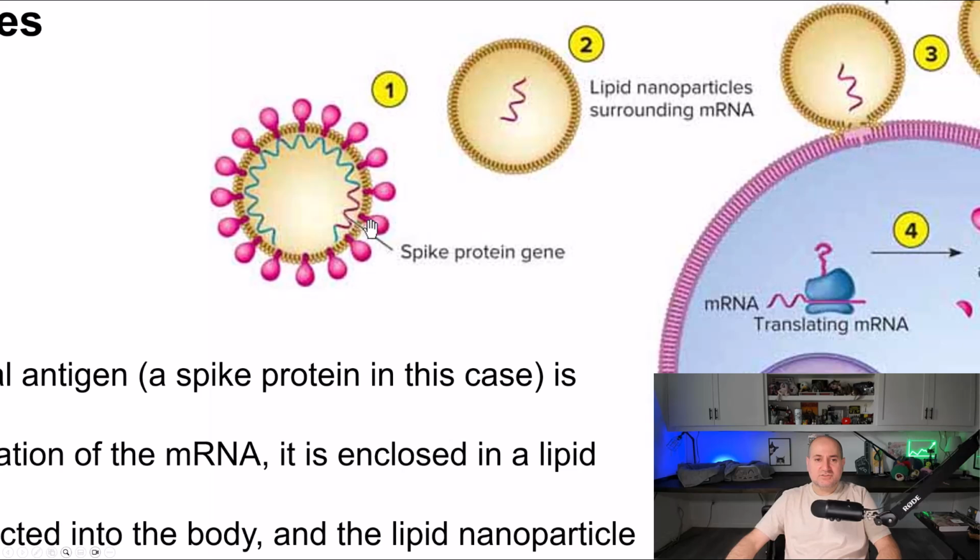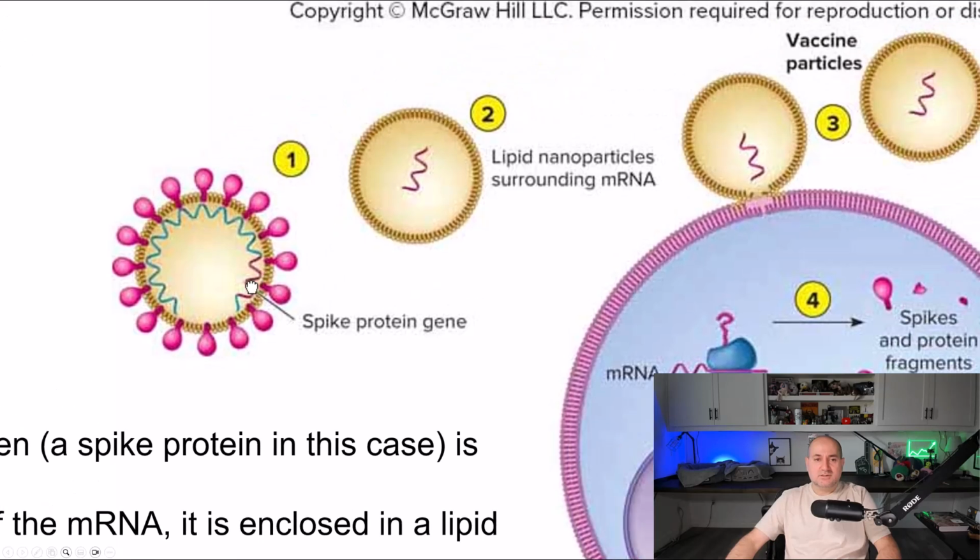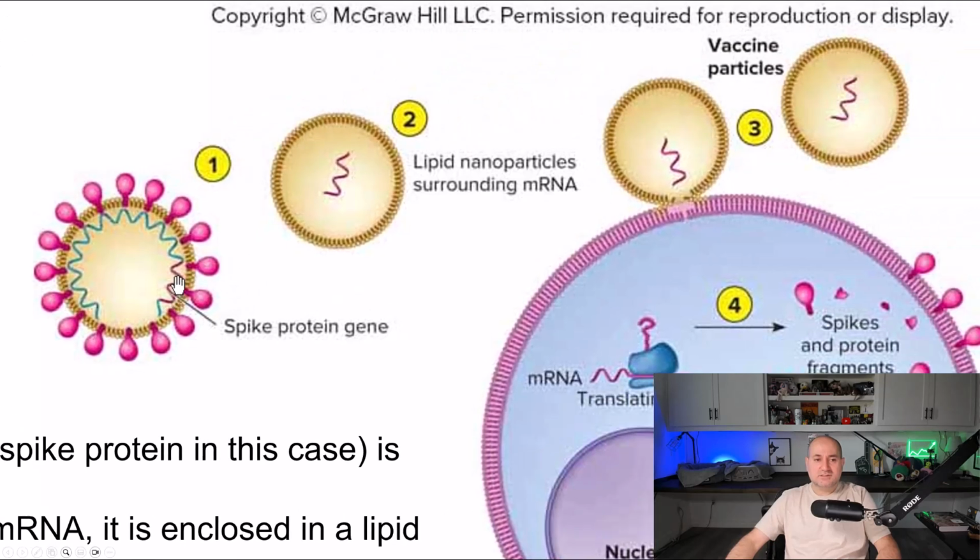Here is the spike protein gene. That's all you need. All you need from COVID, pretend this is COVID right here, is the spike protein gene. You then place that spike protein gene mRNA, right? Not the gene itself, but the mRNA from the spike protein.